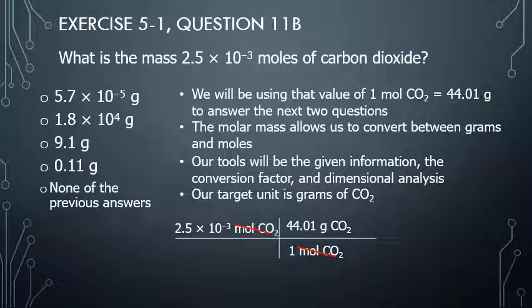Now we'll do our math. Numbers on the top get multiplied, numbers on the bottom get divided. Check my math on this, 2.5 times 10 to the minus 3 times 44.01. I get 0.11. I use two significant figures because my given information is two significant figures, and that is one of my answers.